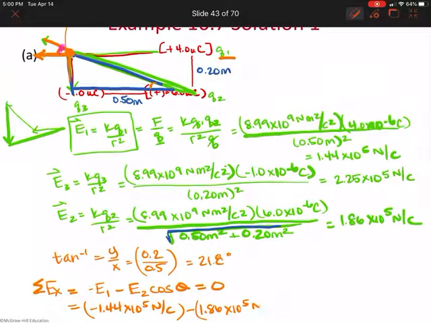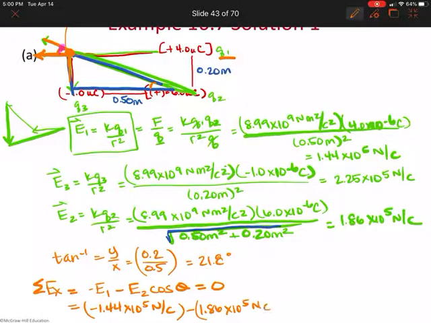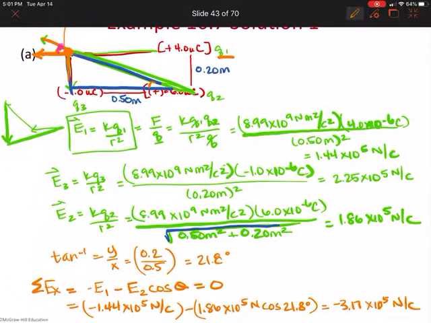I need to add my cosine. This is cosine 21.8. Anyway, whenever you do that, you should get negative 3.17 times 10 to the 5th newtons per coulomb. That's just in the x direction.